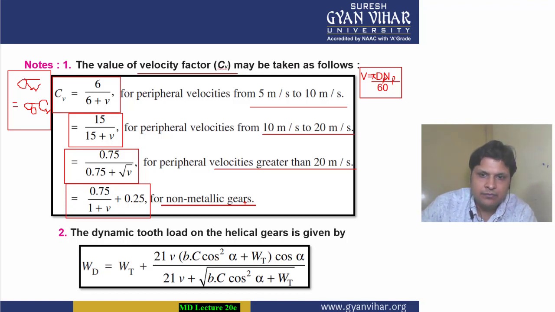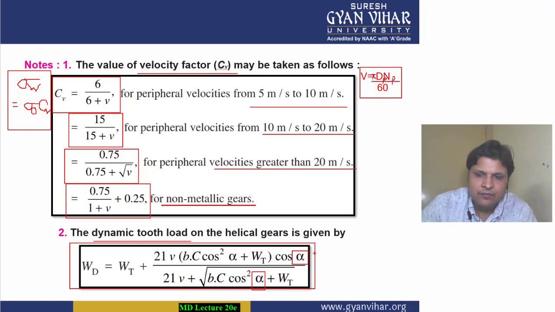After this, students, the next thing which will have to be calculated will be the dynamic tooth load. In spur gear design also we have calculated this. In the same manner, in the case of helical gear designing, we will use it, but that formula will be somewhat different. In the formula, we will have to add the helix angle. We will have to add this expression of helix angle.